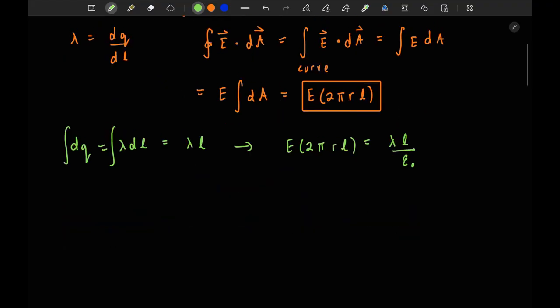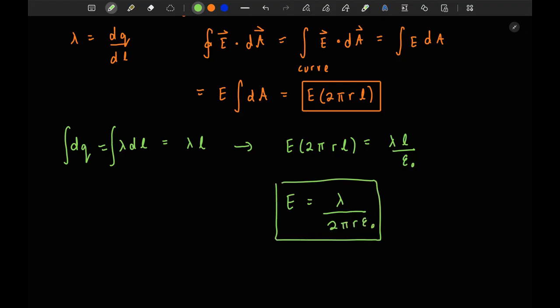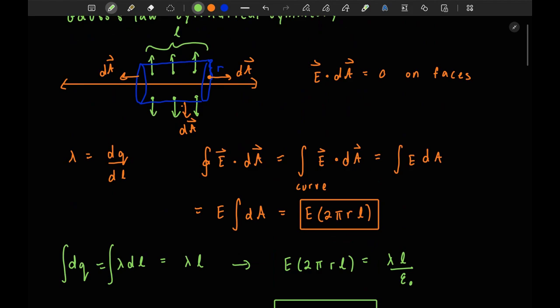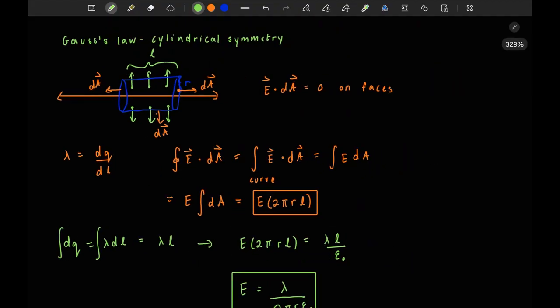And this yields us the result that E is equal to, L's cancel out, lambda over 2 pi r epsilon naught. Now, importantly, something I want to point out is that L canceled out, and that is to be expected. Note that L is kind of an arbitrary choice of the length of our Gaussian cylinder, and therefore really should not show up in our final answer.